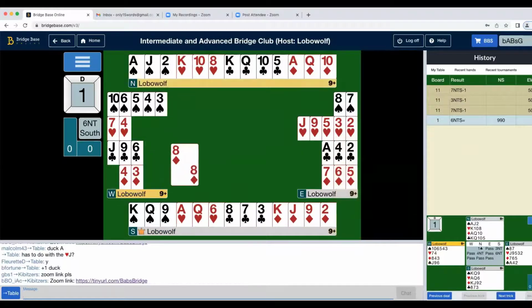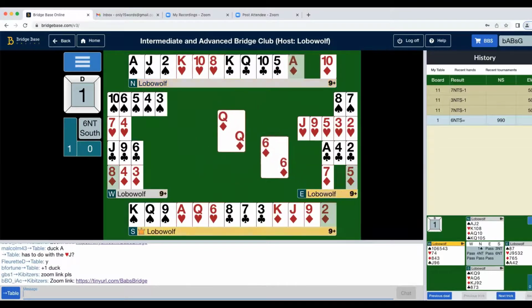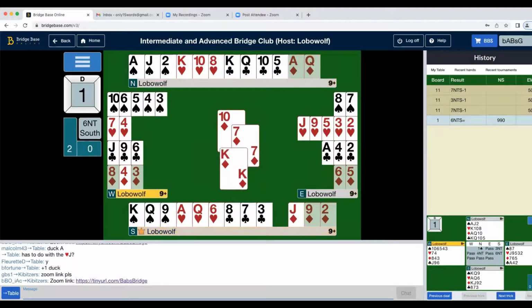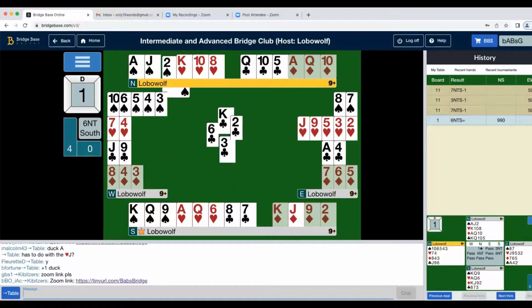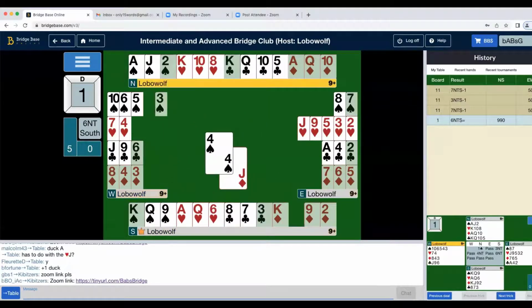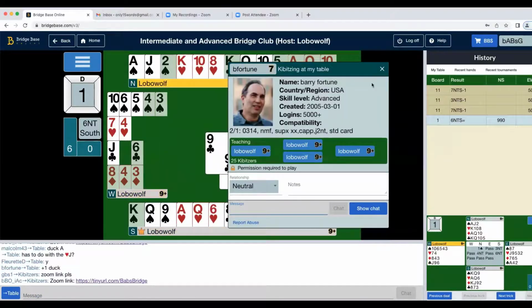But if that king of clubs wins the trick, then when Declarer gets back to this position, Declarer has a guess to make.